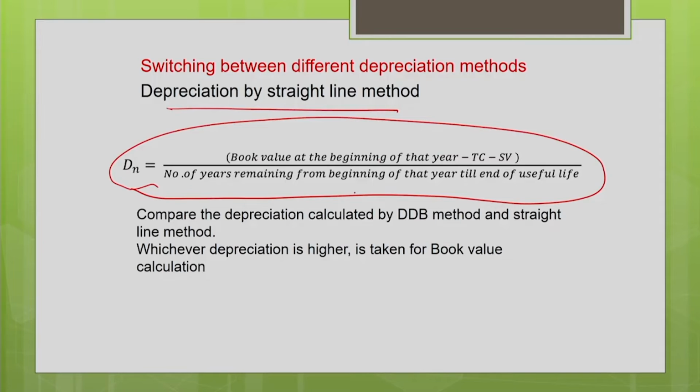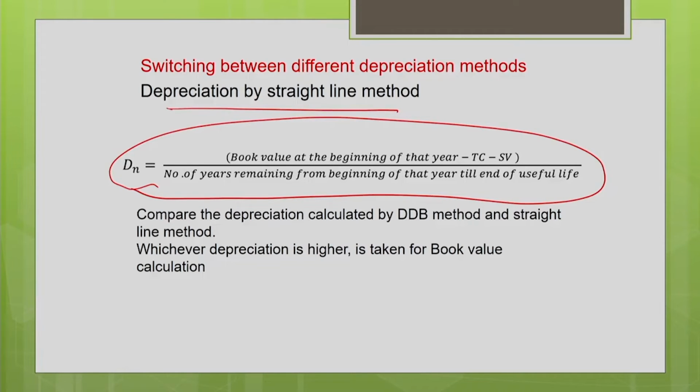And in the earlier method, when I discussed the straight line method, n was the total number of years in the useful life of the machine. But here, similar to your sum of years digit method formula, we are taking the number of years left in the recovery period, from the beginning of the year for which you are going to calculate the depreciation till the end of the useful life. So this is how you are calculating the n here.